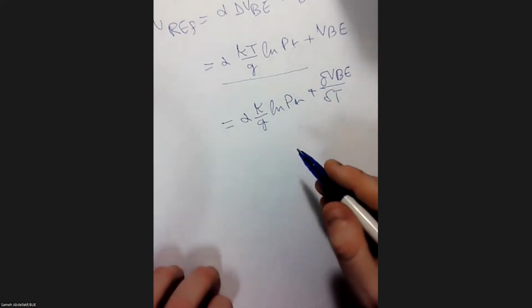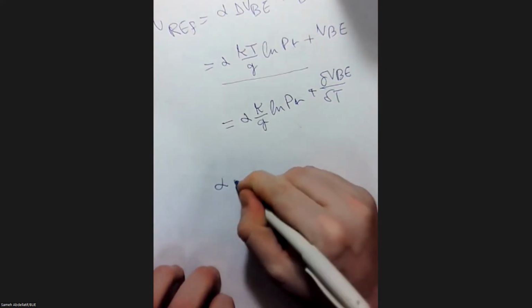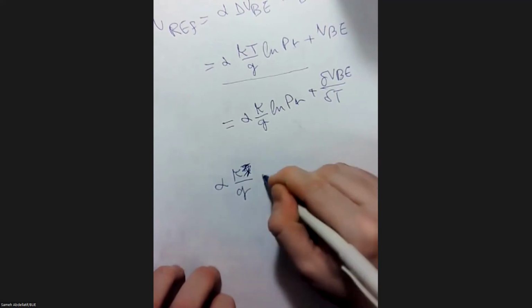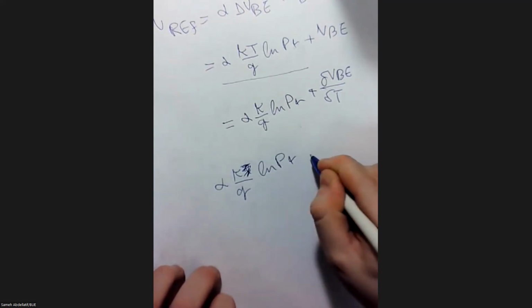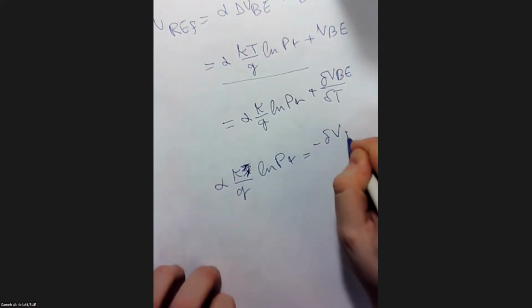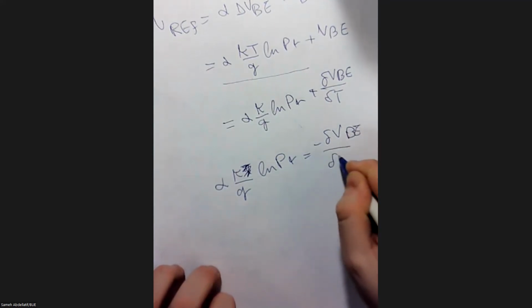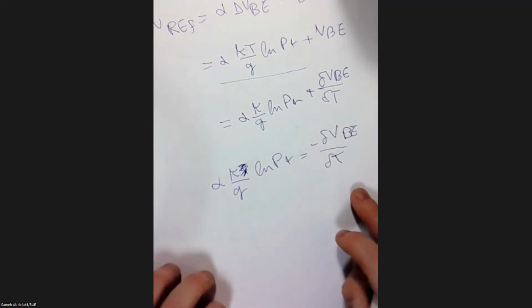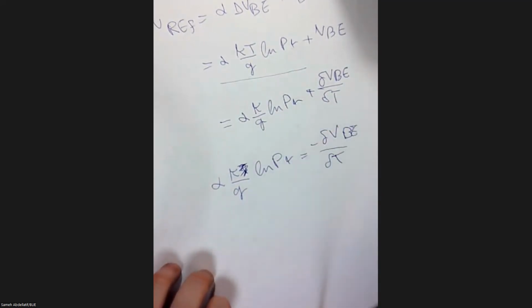Or in other words, we need alpha K over Q ln PR to equal minus partial VPE by partial T. If this condition happens, then the differentiation will be equal to 0, and that means that your reference voltage is now temperature independent.